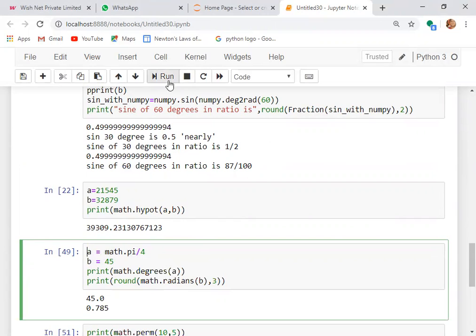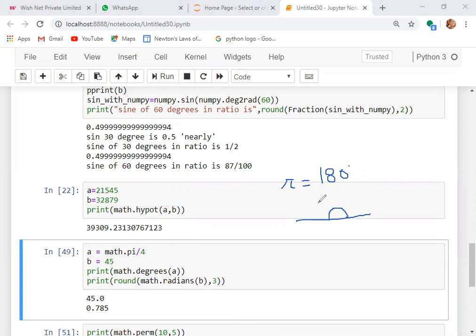Now in basic science or trigonometry, we actually use pi as what? This symbol pi is actually 180 degree.